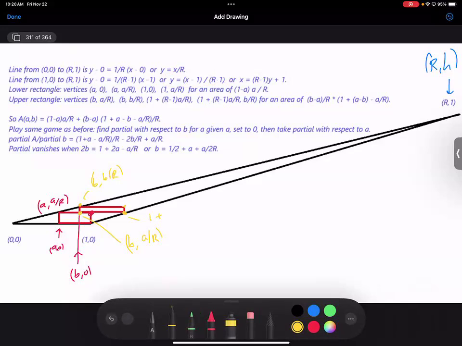It's the other way around. Sorry, my bad. It's the y-coordinate that we know, right? We know the height. We want to figure out the x-coordinate. This is the equation we want to use. We know the y-coordinate. For the bottom, the y-coordinate is a over r. For the top, it's b over r. So use it with y equals a over r, then y equals b over r.